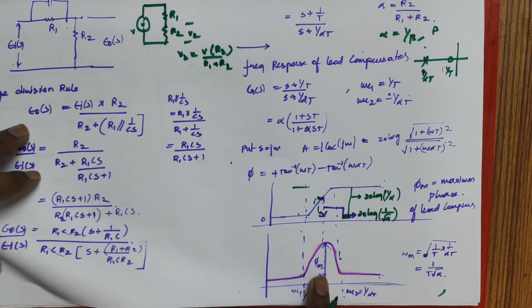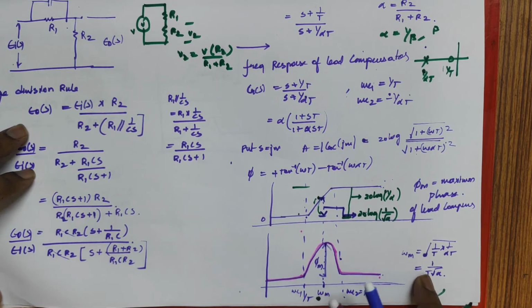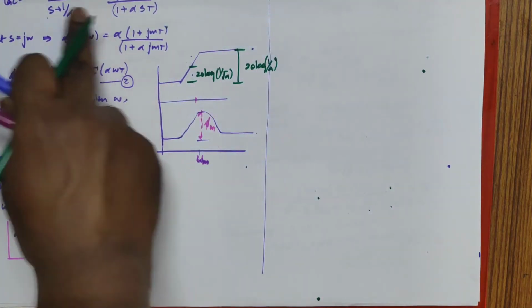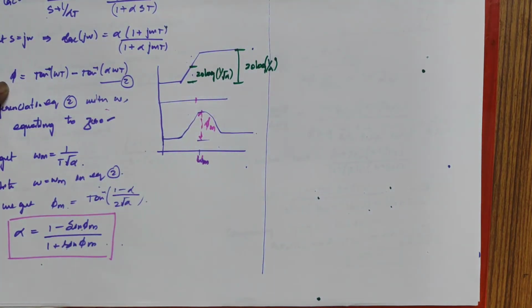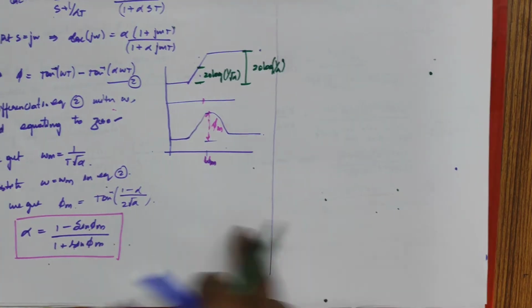Now again our job is to find omega m, phi m and alpha. I'm doing that. If you differentiate this and set it to 0, I got omega m equal to 1 by T into root alpha.